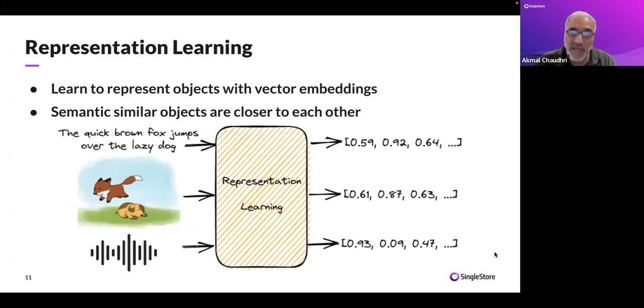So intuitively, we would expect that to be quite distant. If we were looking for foxes and dogs and jumping, then our search might reveal both this particular sentence and the photograph. Those would be the results returned, versus the third thing, which appears to be quite distant.